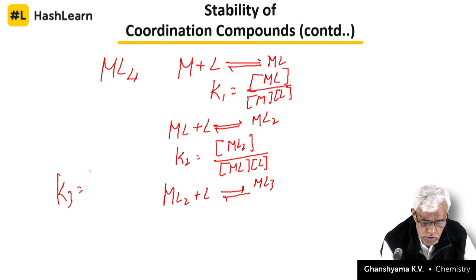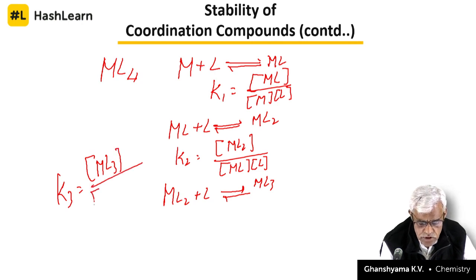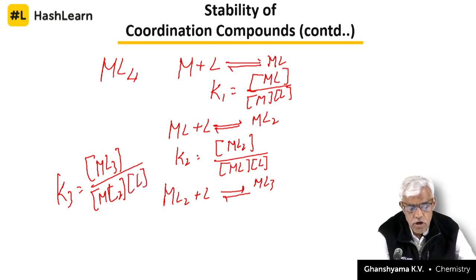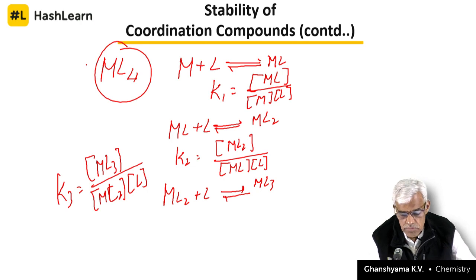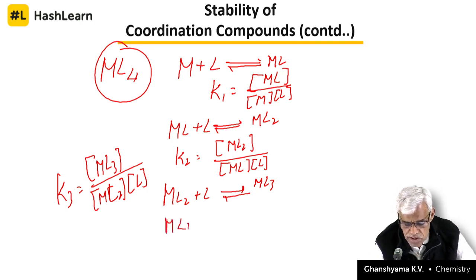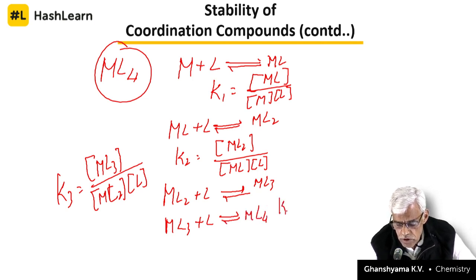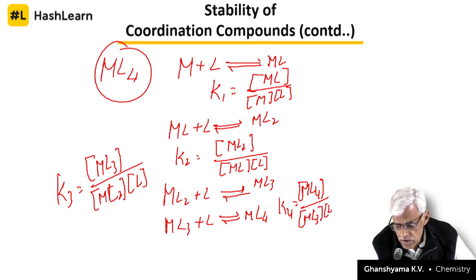Therefore, K3 is equal to active mass of ML3 by active mass of ML2 into active mass of L. And the last stage, because its coordination number is 4, ML3 plus L gives rise to ML4. Here K4 is equal to active mass of ML4 divided by active mass of ML3 into active mass of L.